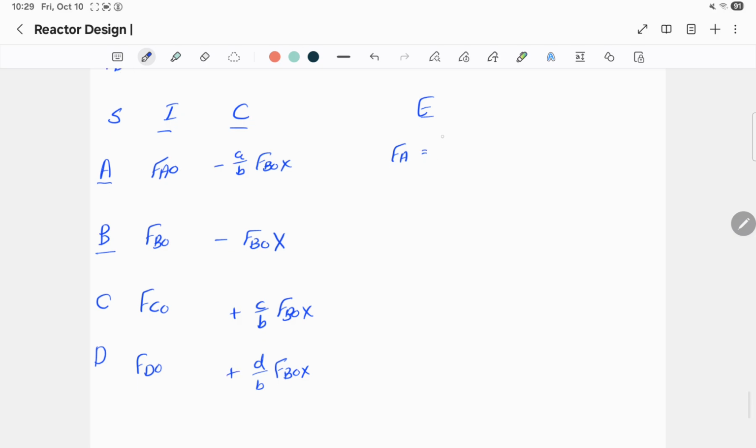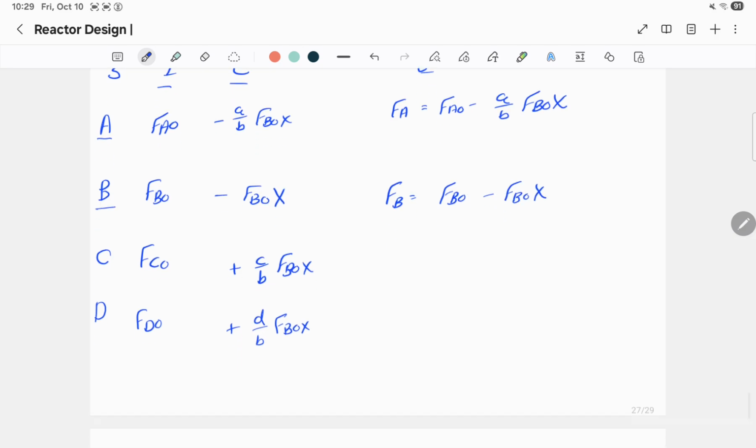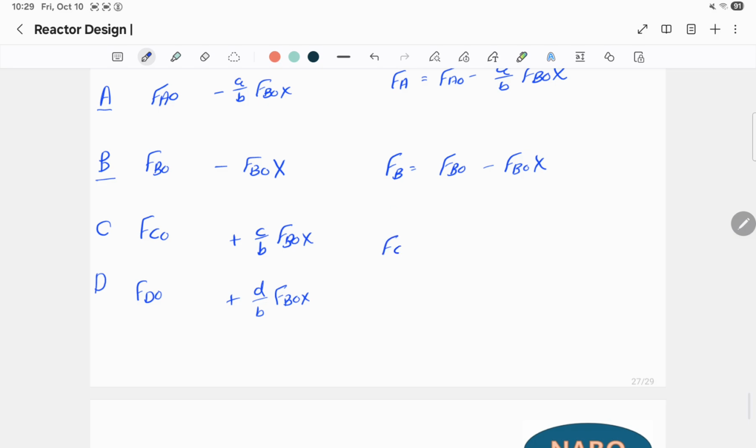So it's basically FA equals FA naught minus A over B times FB naught X. We'll do the same thing for B. And for C, leave this as a 0.